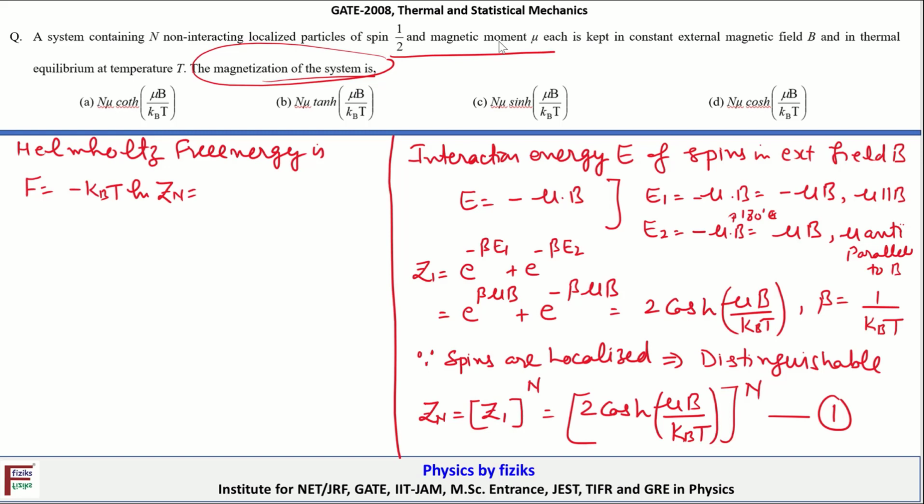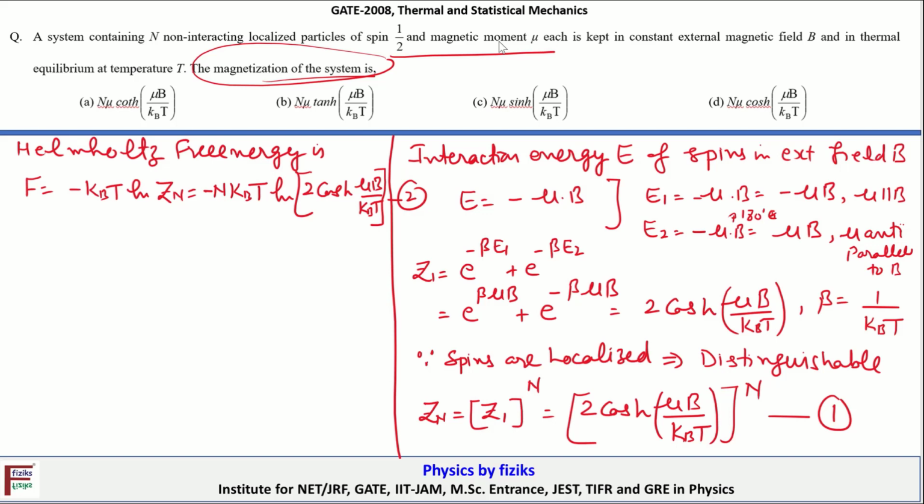So by making use of equation 1, this turns out to be equal to minus nkT log of 2 cosh of mu B upon kT. Let me call this equation 2.